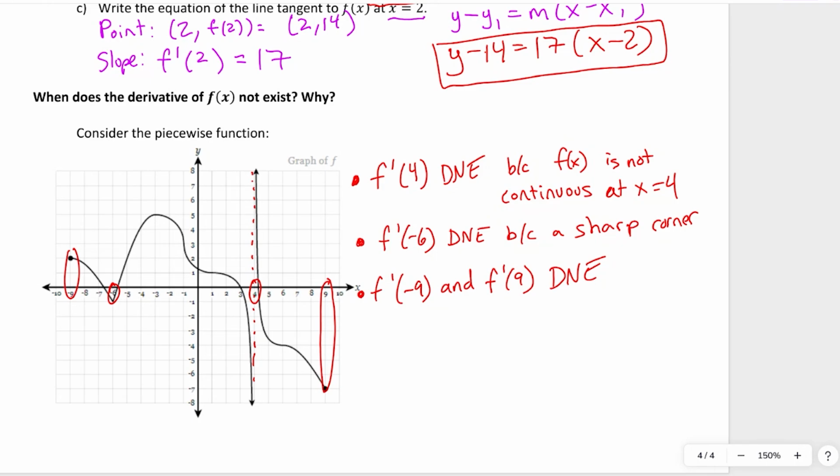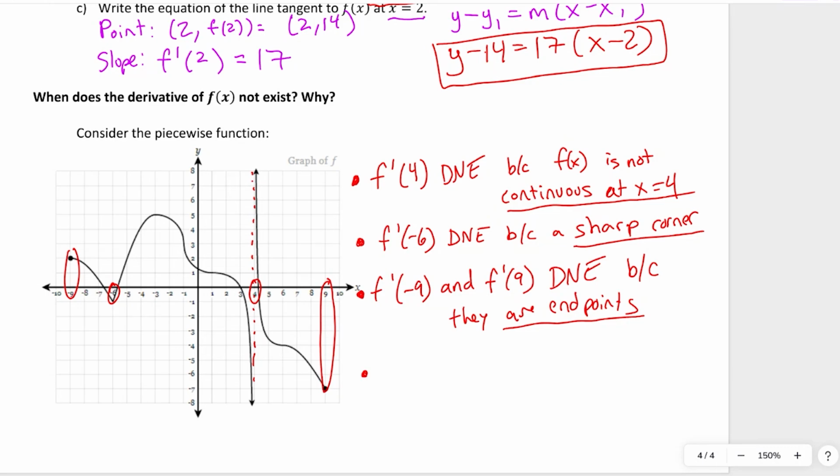It can't be an endpoint. So the slope here is not going to exist because they are endpoints. So we have a discontinuity, which might cause the slope to not exist. We've got a sharp corner, which will cause it not to exist. Endpoints cause the derivative to not exist.